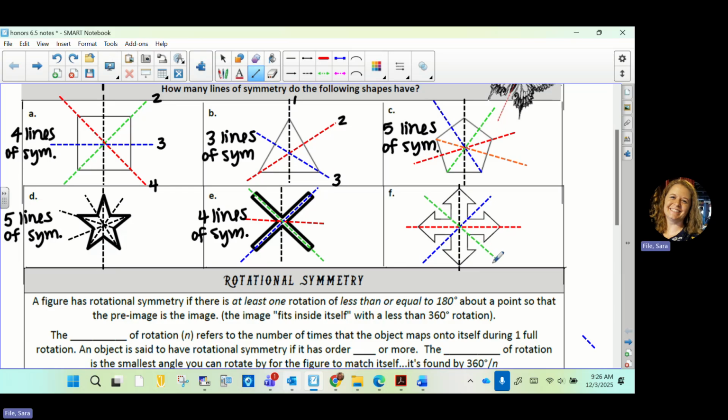Anywhere else? No. So A, the square, E, the X, and F, this arrow cross, all of these have 4 lines of symmetry. I thought the star had 5. I said A, E, the square, the X, and the arrow.